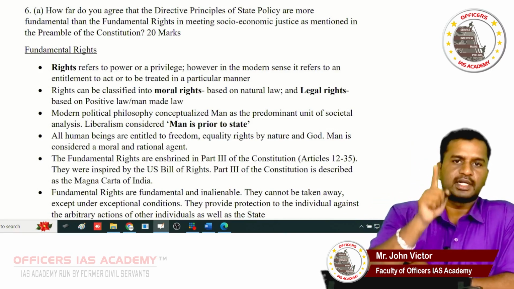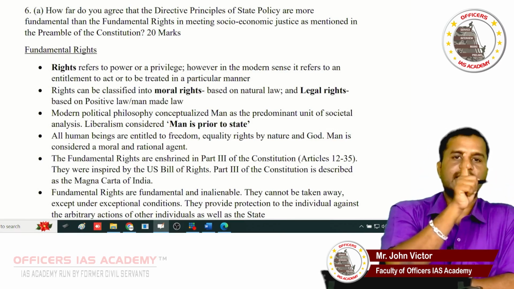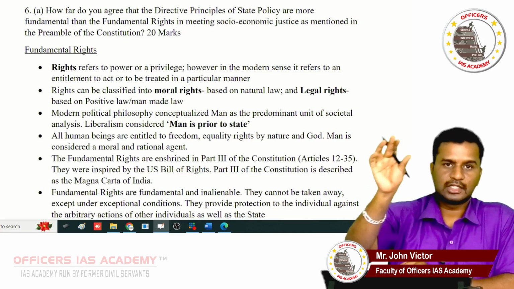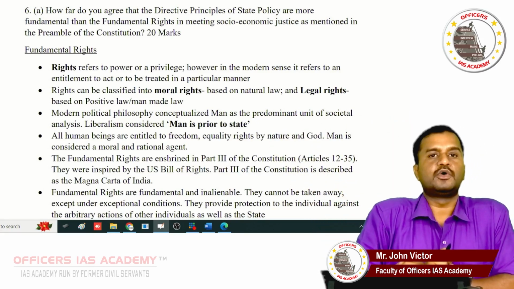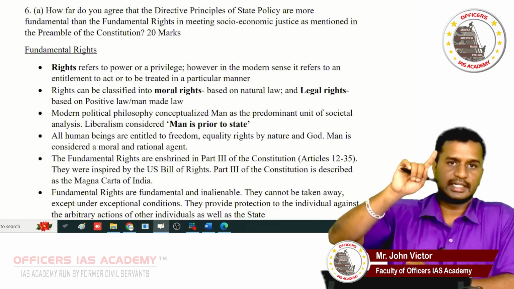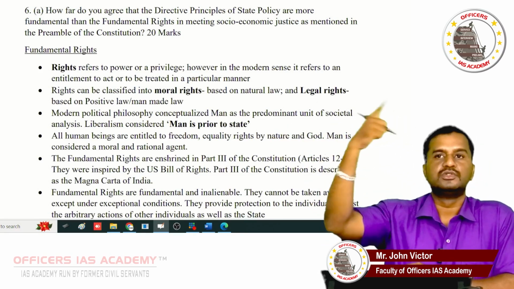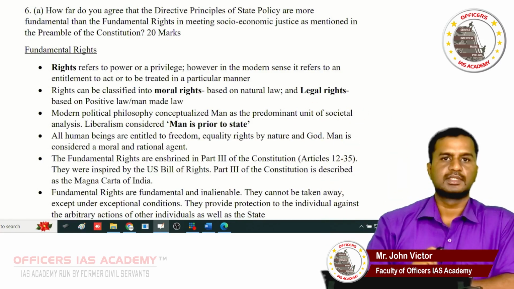Fundamental rights mainly protect the man, more related to liberalism. Directive principles give duties to the state. Directive principles can be associated with developmental democracy, socialism, and the welfare state.